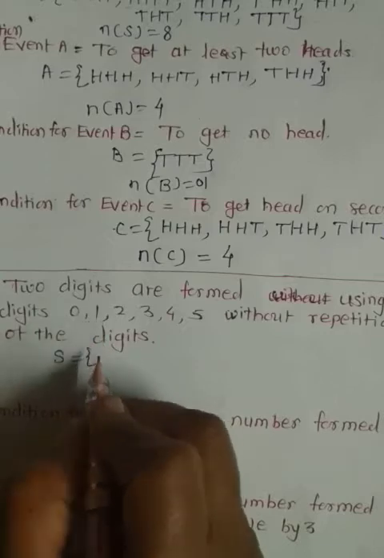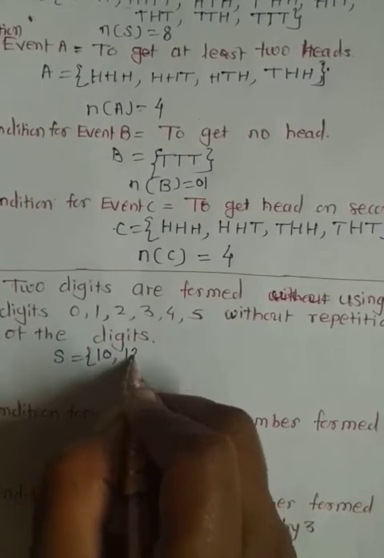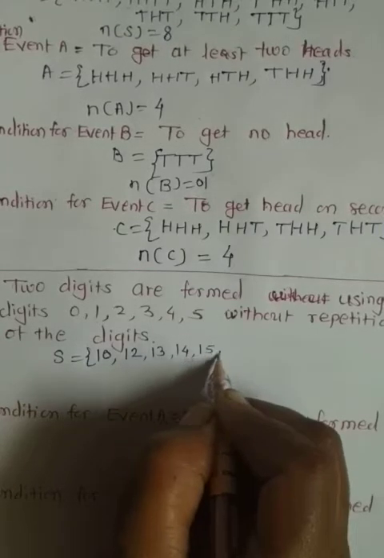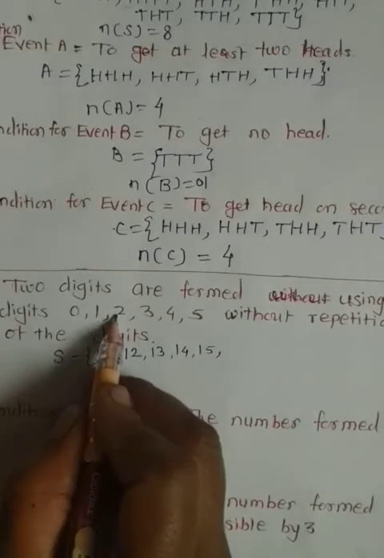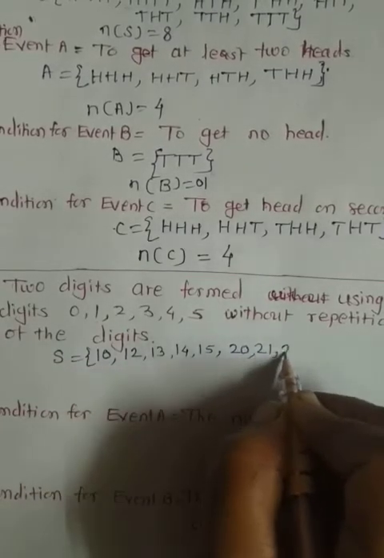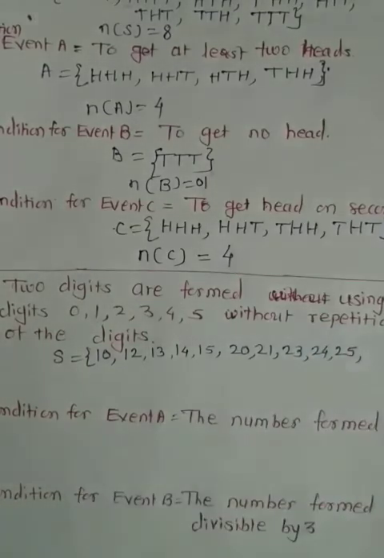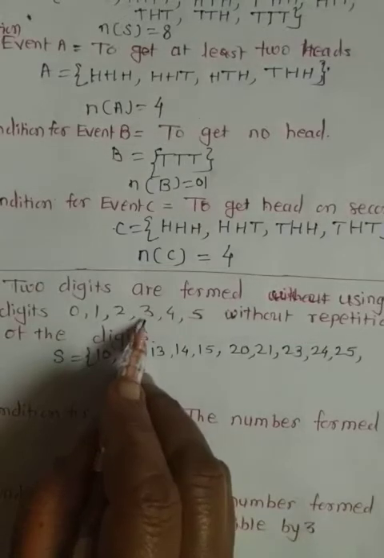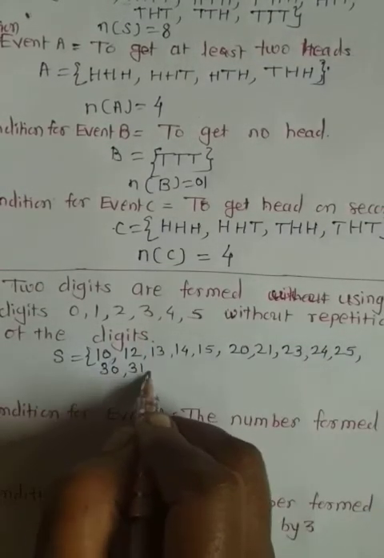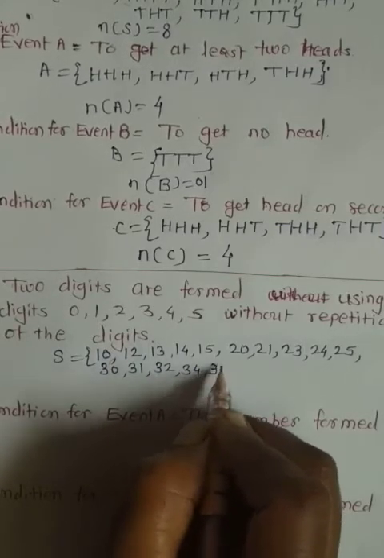Starting from 1 at tens place, we obtain 10, 12, 13, 14, 15. Next we start from 2, that is 20, 21, 23, 24, 25. Now we start from 3. Again here we obtain 30, 31, 32, 34, 35.